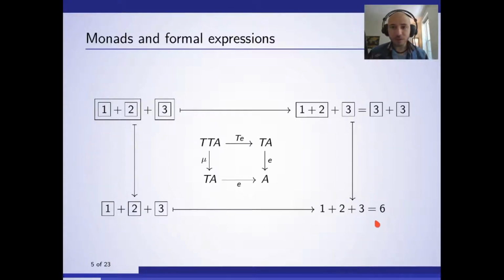All right? So in some way, it tells you that evaluating a formal expression that comes from mu is the same thing as a double evaluation. So mu kind of packs this double instruction together into a formal expression that contains both steps. All right? So that's an algebra over our monad.